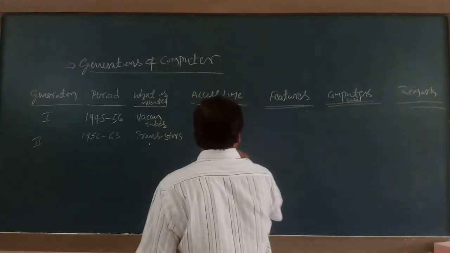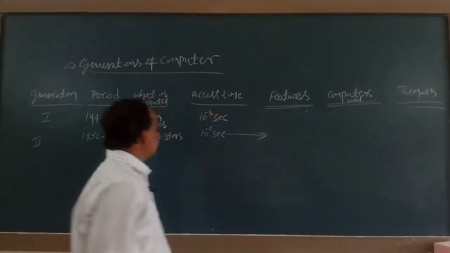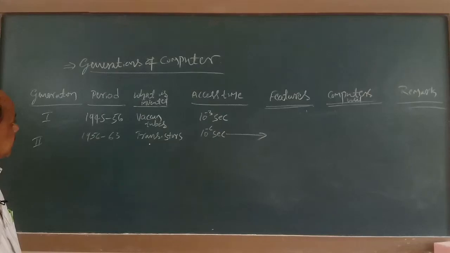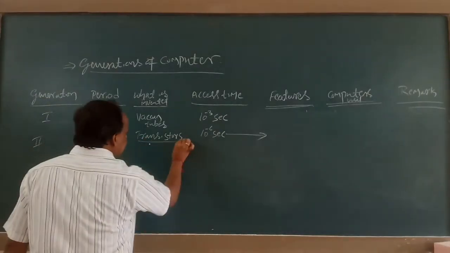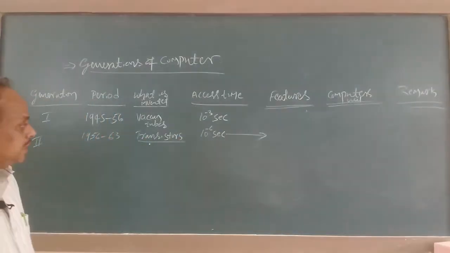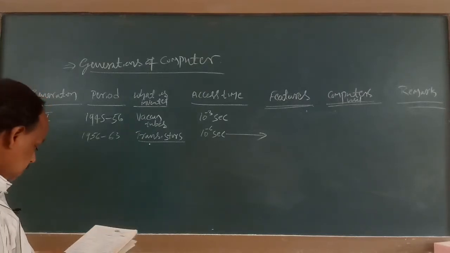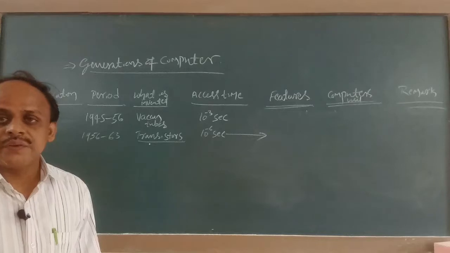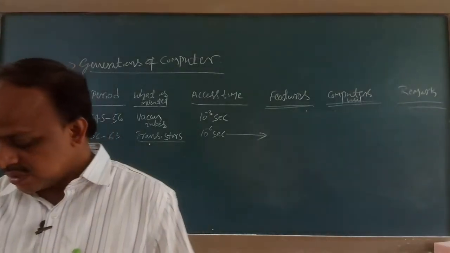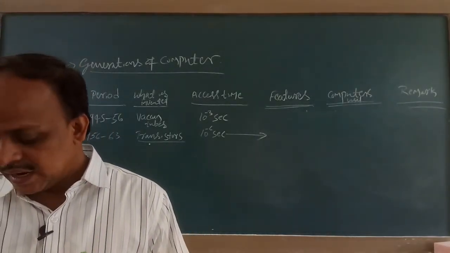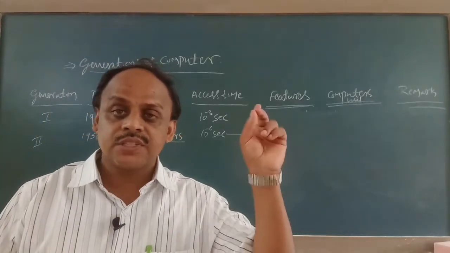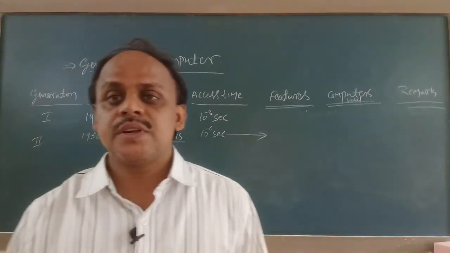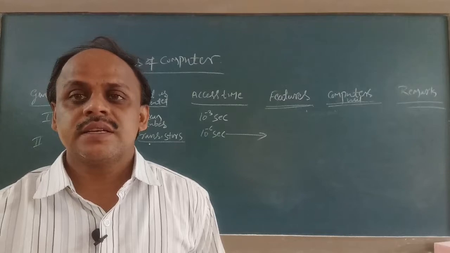Right? And for this second generation, what is the new invention? Transistors are introduced. Access time is 10 to the power of minus 6. And features means what we can say? Transistors were used for internal operations, whereas in first generation, vacuum tubes are used, punched cards are used, right?